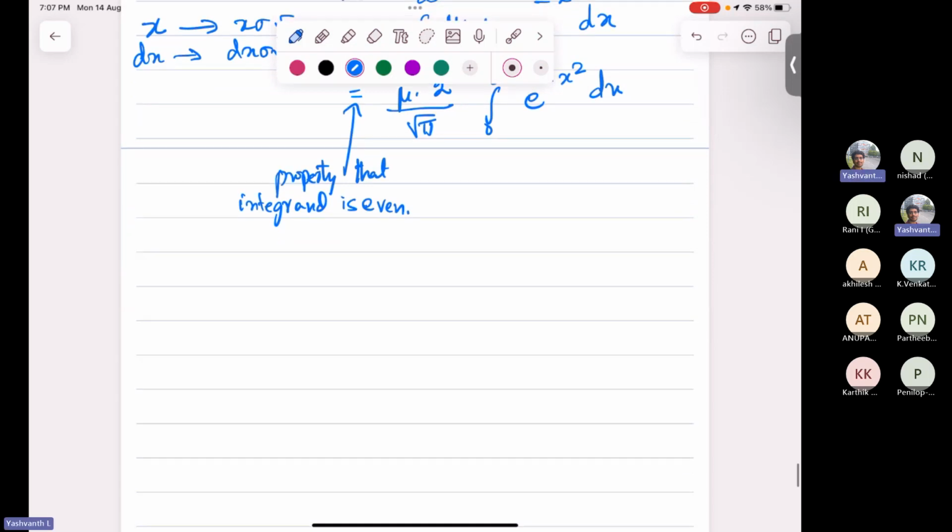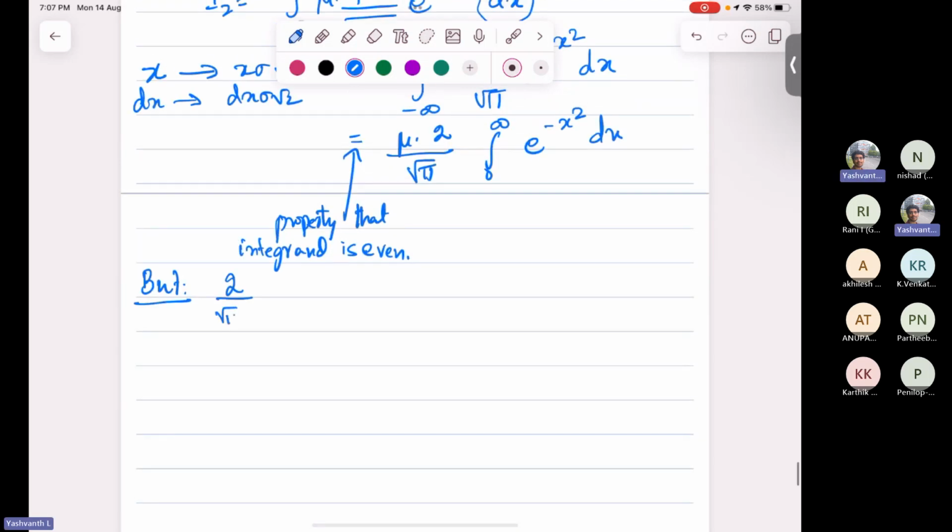But note there's a particular relation: this value, 2 by root pi times the integral of e power minus x square dx, can be written as the limit t tending to infinity of 2 by root pi integral 0 to t e power minus x square dx.